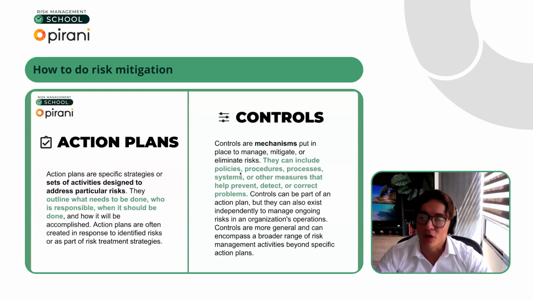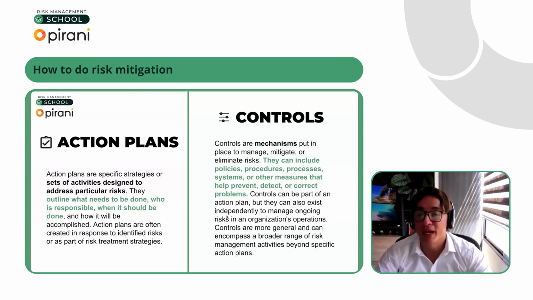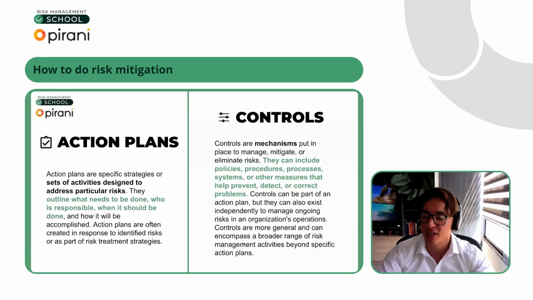They can include policies, procedures, processes, systems, or other measures that help prevent, detect, or correct problems. Remember the categories of controls. Controls can be part of an action plan, but they can also exist independently to manage ongoing risks in an organization's operations. Controls are more general and can encompass a broader range of risk management activities beyond specific action plans.